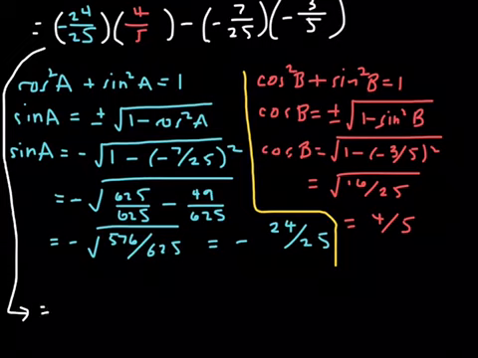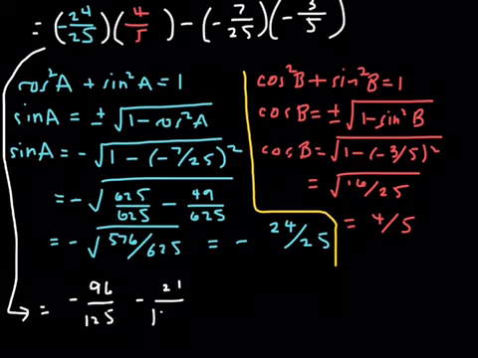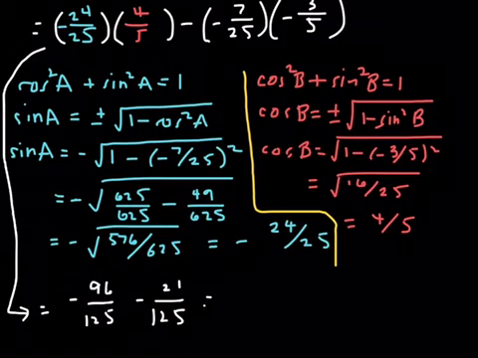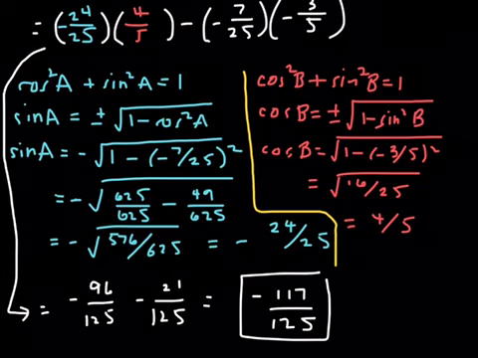So then this is equal to negative 96 over 125 minus 21 over 125. So then the final answer is negative, let's see, 117 over 125. This is sine of A minus B. Sine of A minus B.